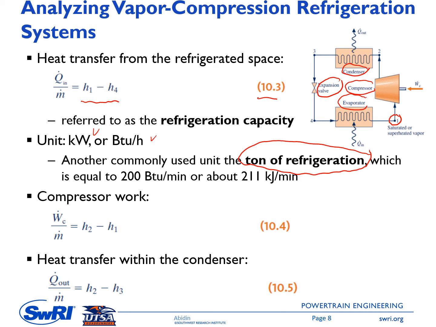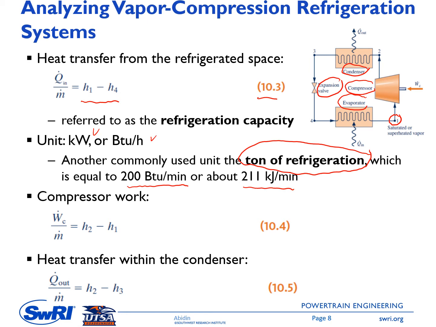So if you go purchasing this refrigerator, the question is, how many tons do you want to have? Half ton, 1 ton, or 2 tons. And 1 ton of refrigeration here equals 200 BTU per minute, or about 211 kilojoules per minute.